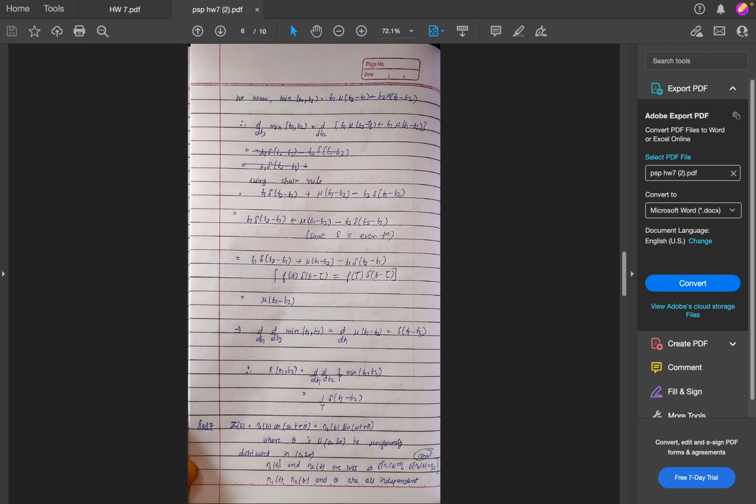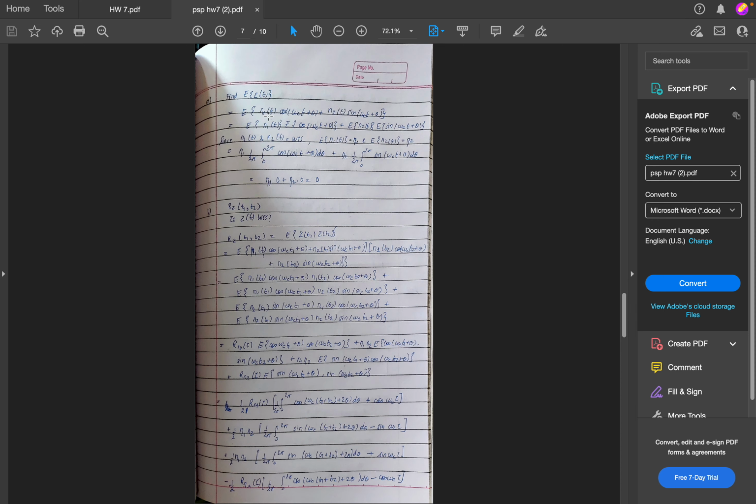Since n1(t) and n2(t) are WSS, the expected value of n1(t) is equal to η1 and the expected value of n2(t) is equal to η2, which are constants.